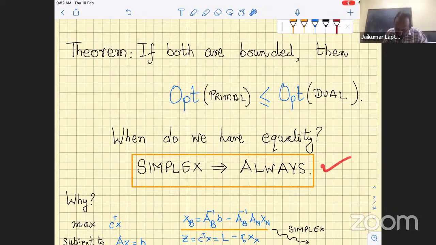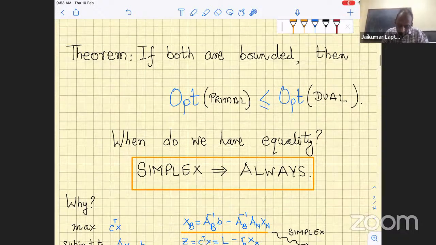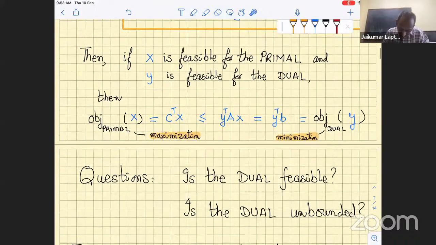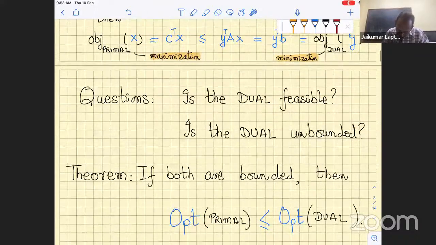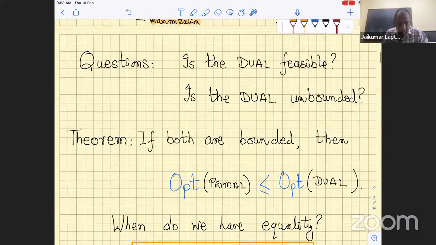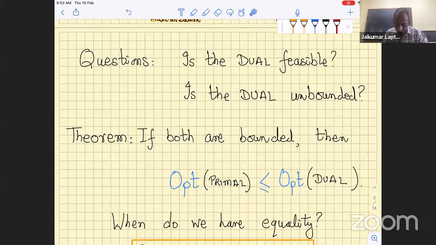And this theorem, that there is always equality in this case, is called the strong duality theorem. The fact that this inequality holds is called the weak duality theorem.